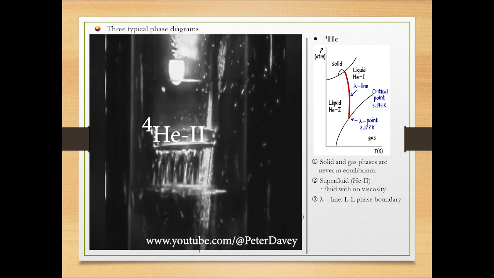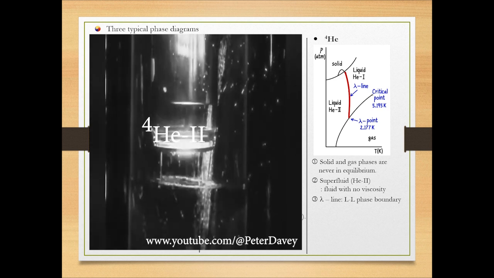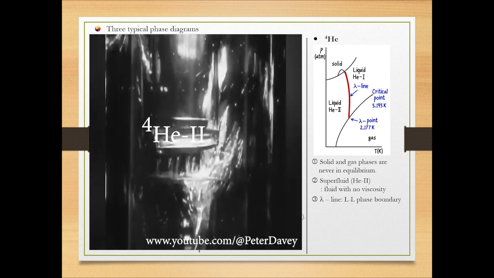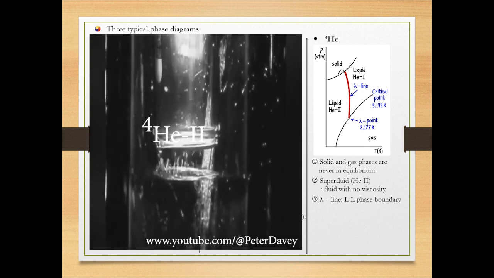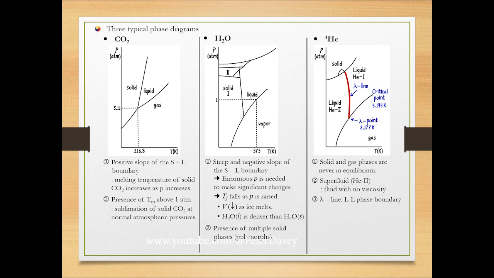This remarkable property of superfluid helium demonstrates its unique ability to traverse extremely narrow pathways with ease. On the phase diagram, the boundary between these two liquid phases forms a distinctive lambda-shaped curve referred to as the lambda line.